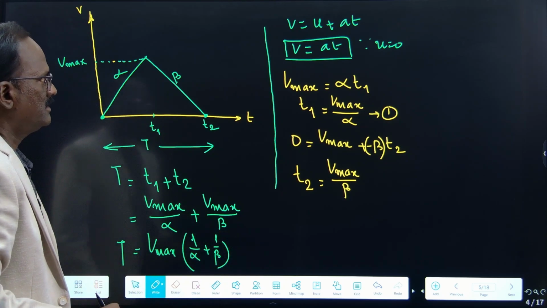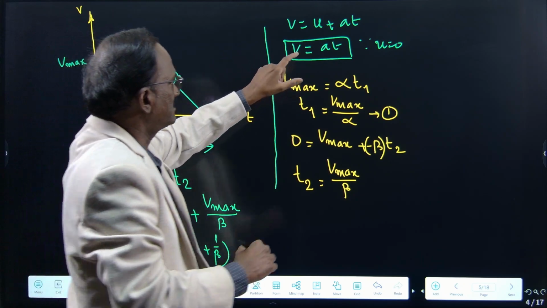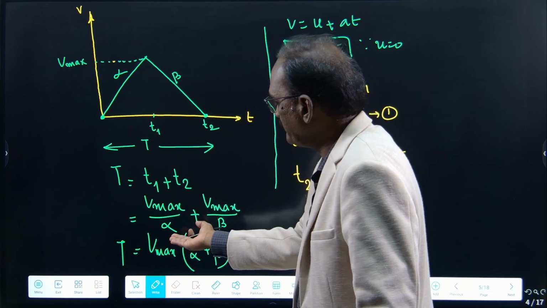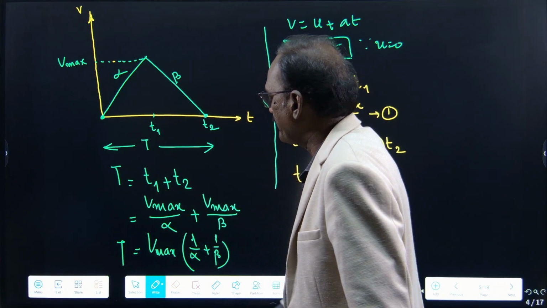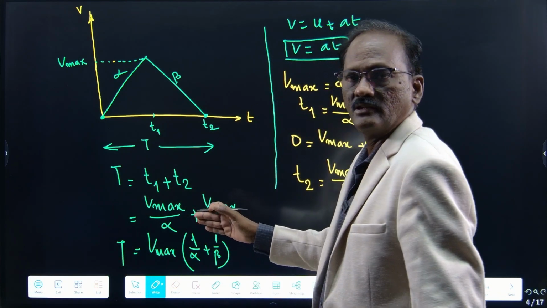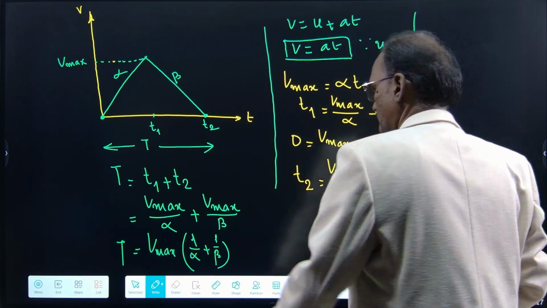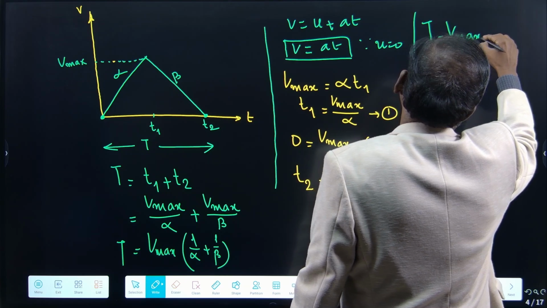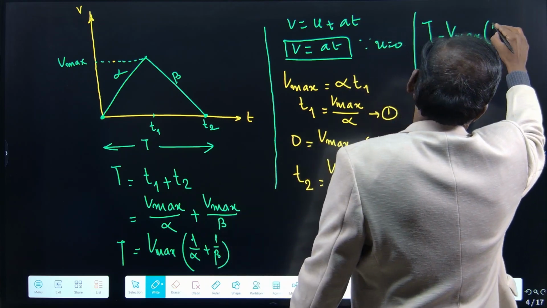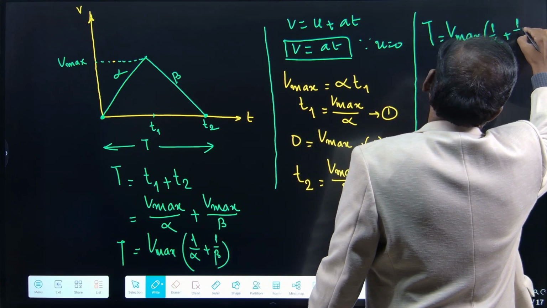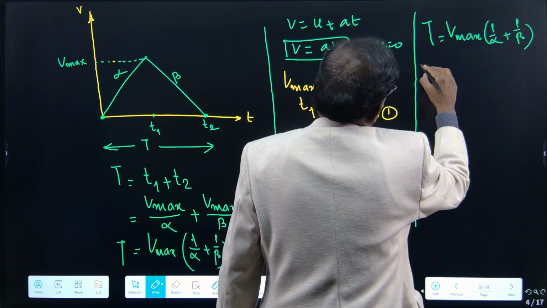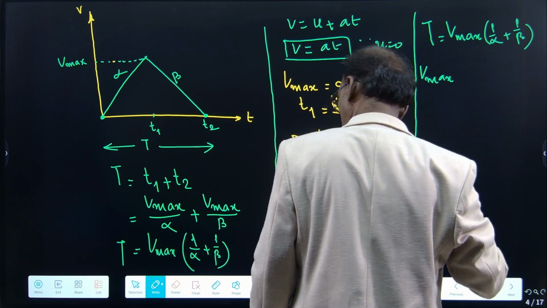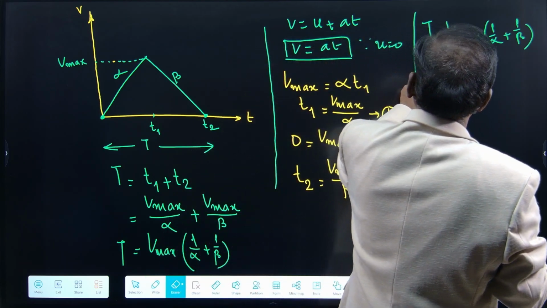This is T. I want to write it in this format, so that velocity is on the left hand side and time is on the right hand side. So T is equal to Vmax of 1 by alpha plus 1 by beta. So Vmax is equal to, or let me simplify before that.